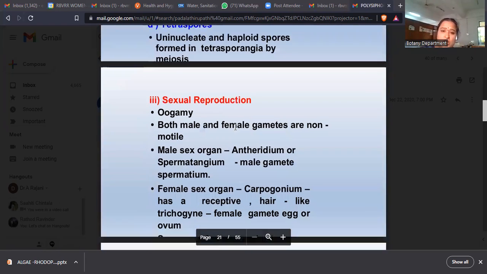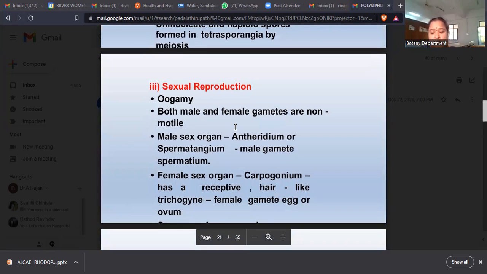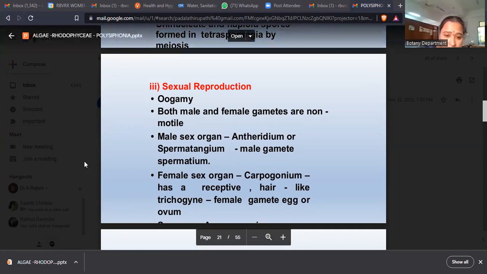Coming to the sexual reproduction in Polysiphonia. Sexual reproduction is oogamy. Both male and female gametes are non-motile. Very important point: in the male gamete, flagella are absent. That's why they are naked, non-motile male gametes. The names are also very important here.